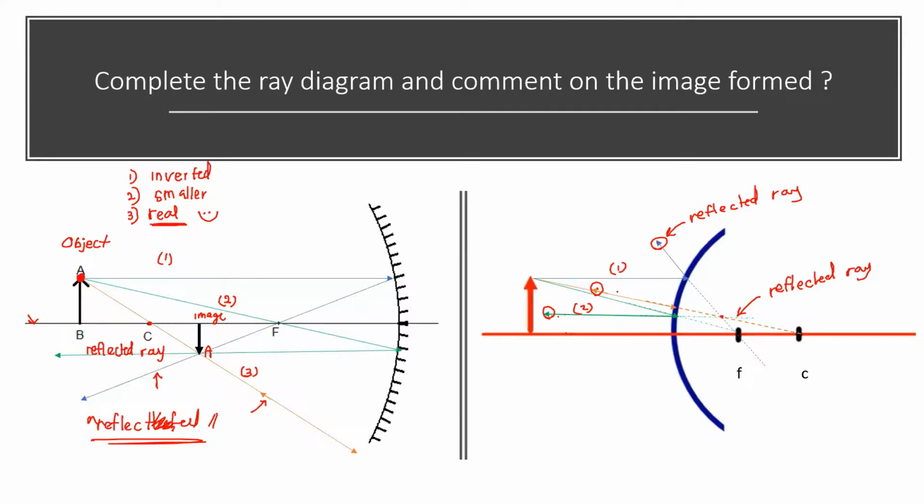You can see that they are diverging in every direction. So they do not intersect in front of the mirror. So what we do is we look at the extended rays. So we are only interested in the reflected rays. So we look at the extended rays, and we can see at this point right here, these three reflected lines intersect.